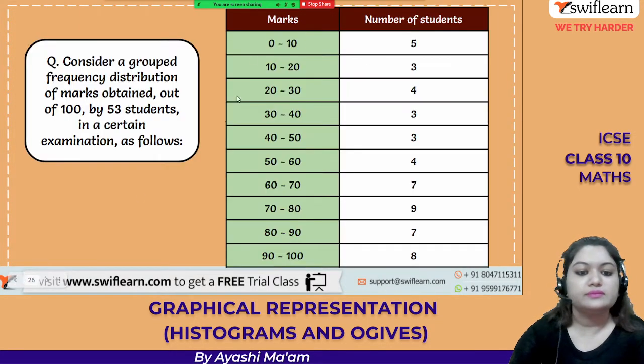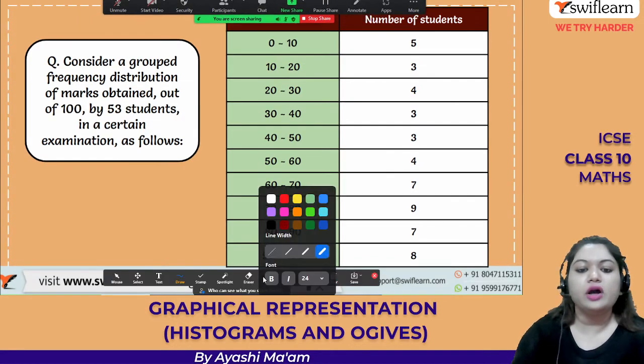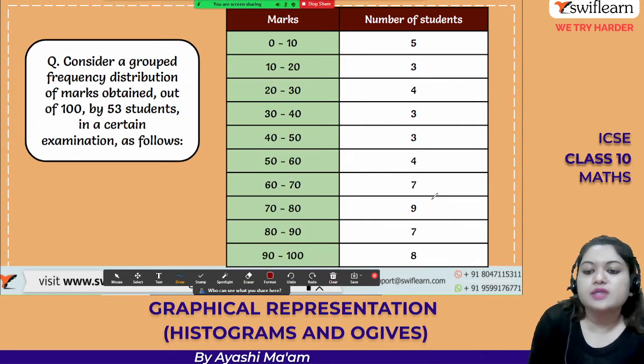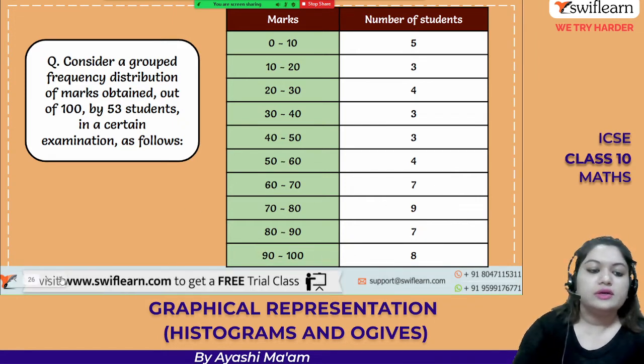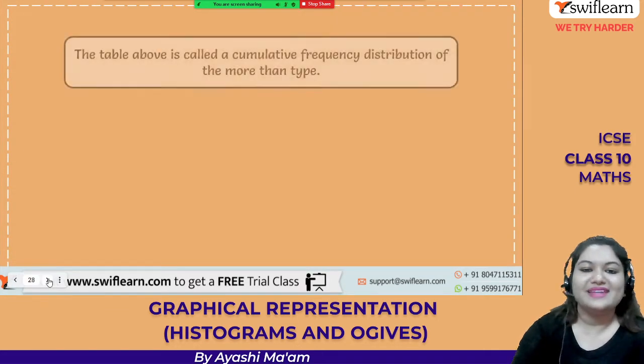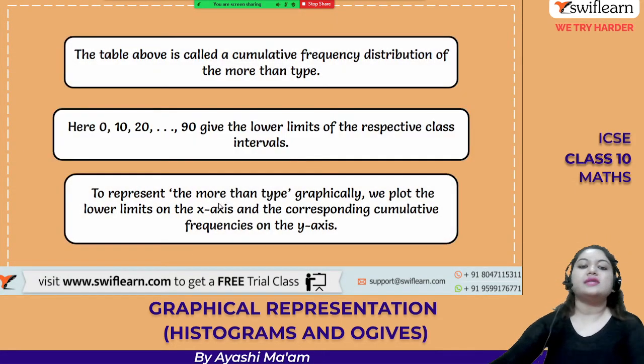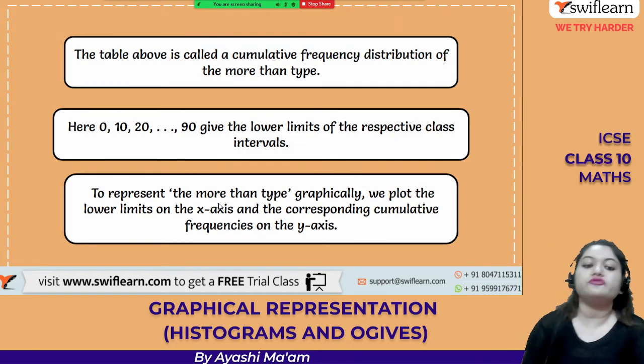So till here we have got 15, and now we are talking about more than or equal to 90. So 15 minus 7 is going to give you 8. Understood? Very easy, right? This is called the cumulative frequency distribution of the more than type.